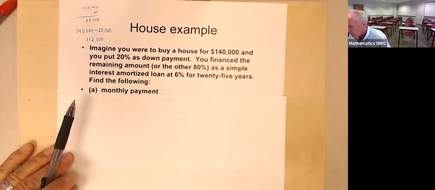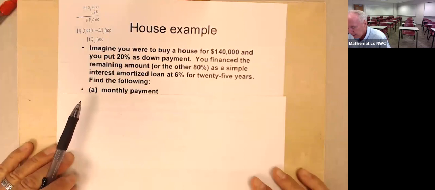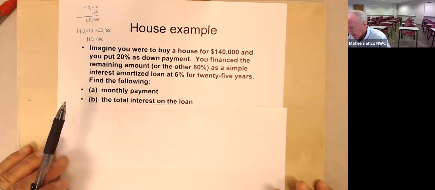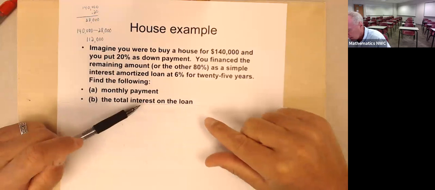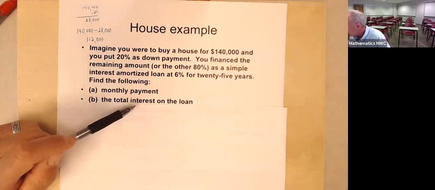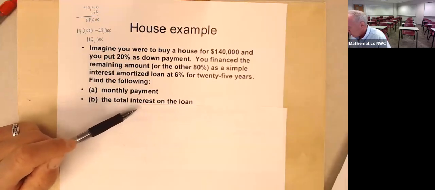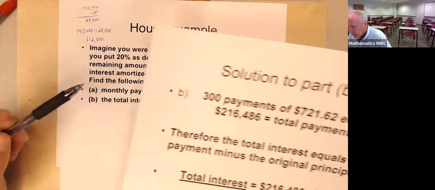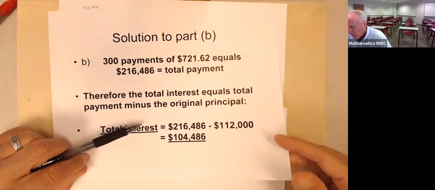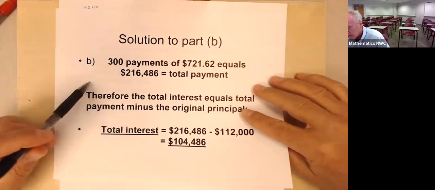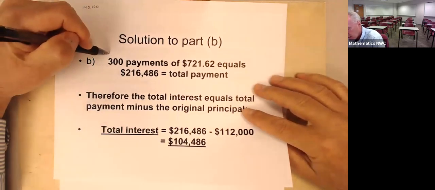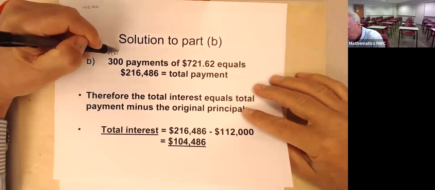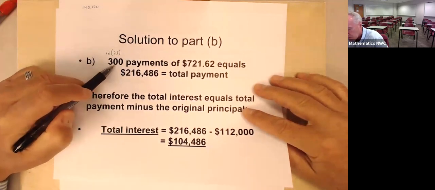We just found the monthly payment. Now, we would like to find out what was the actual total interest that we ended up paying. Okay? Well, to find that total interest, you recall we had to make 300 payments. 300 was 12 times a year for 25 years. We made 300 payments.